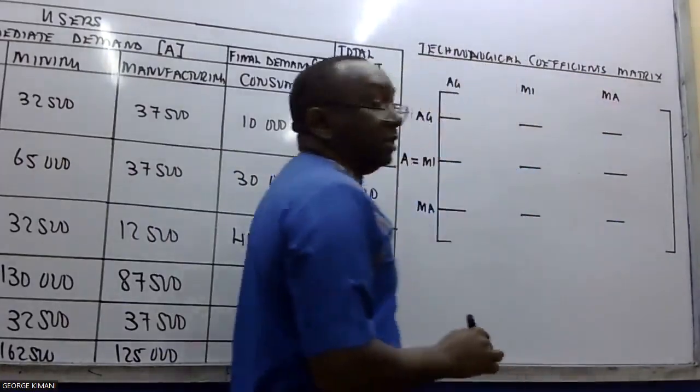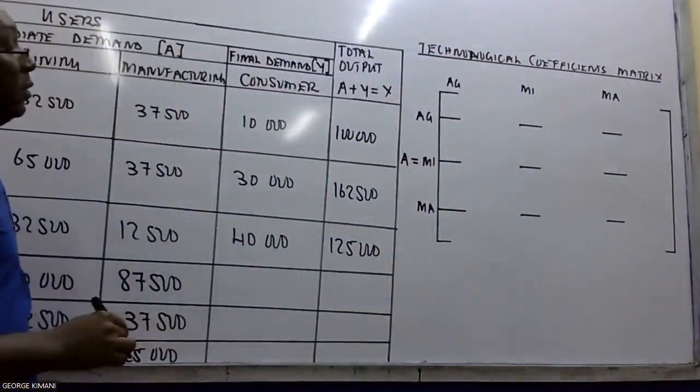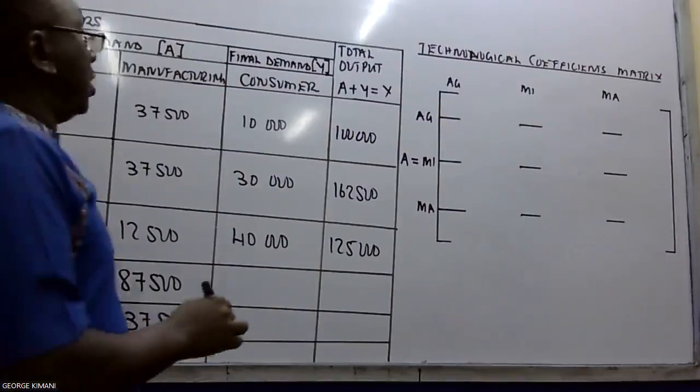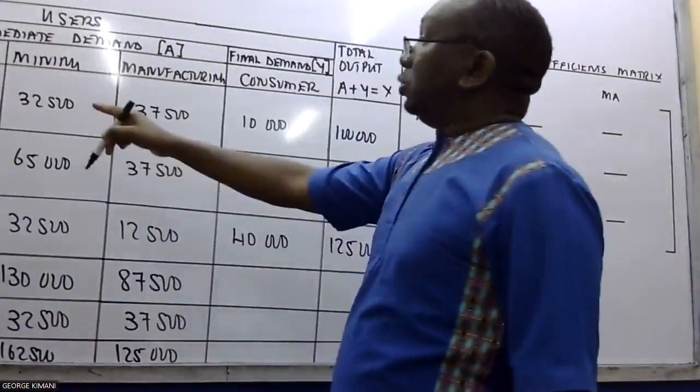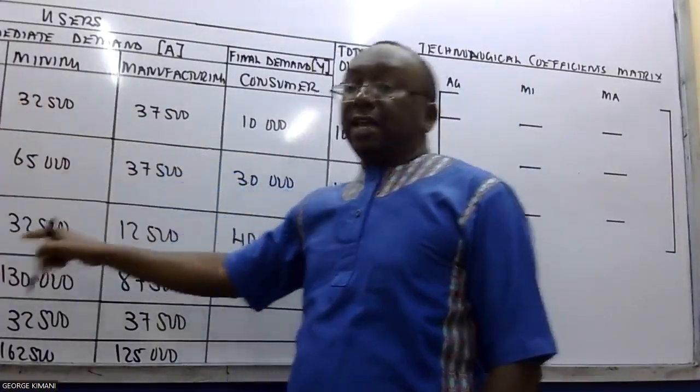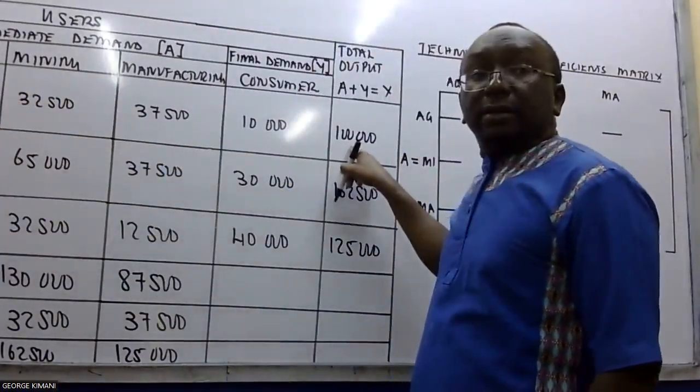So first of all, look at the design. I've already told you that these ones are totals. So if you want to express per one, you go to column 1.